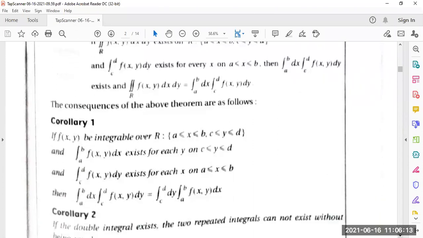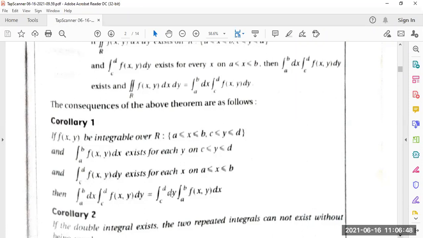Now look here, some corollaries are given. If f of x,y is integrable over R, where R is given by a to b, c to d, and the integration from a to b of f of x,y dx exists for each y belonging to c to d, and the integration from c to d of f of x,y dy also exists for x from a to b, then both of the integrals are the same. Look here, the previous integral takes a to b dx first, then c to d of f of x,y dy.